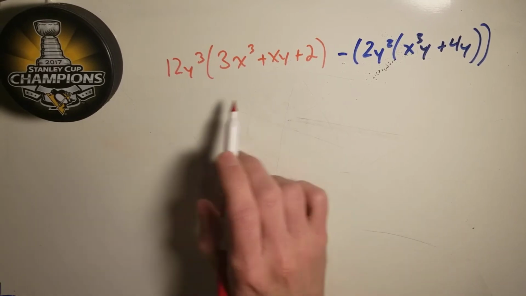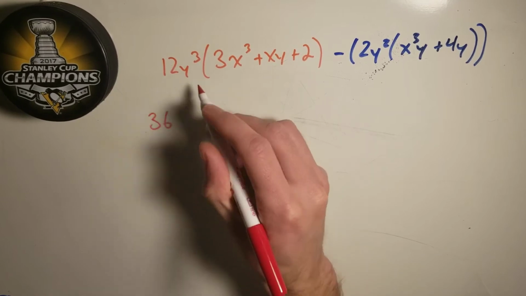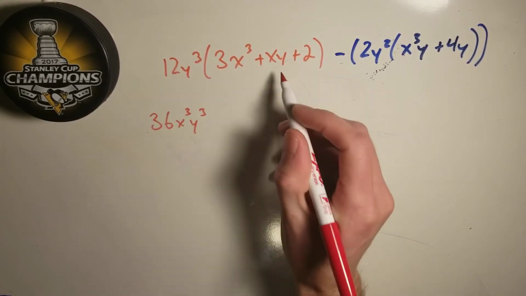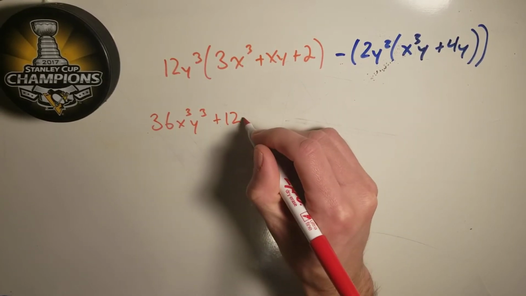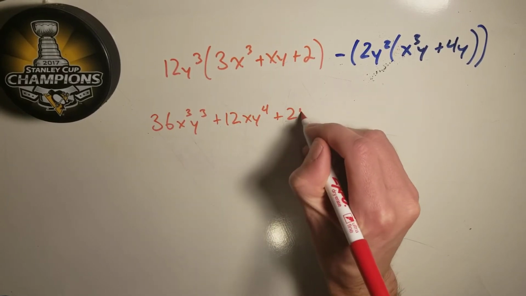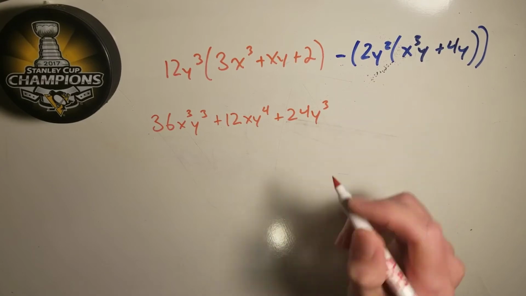So the area of the red rectangle, when you multiply, you're going to end up with 36 x to the third y to the third. Then when you multiply again, you'll have plus 12 x y to the fourth, and then plus 24, and we'll have just y cubed.